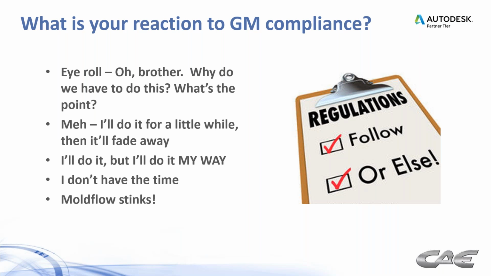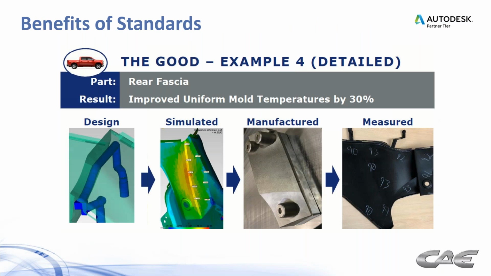But I'm here to tell you that if you do things right, there's really quite a lot of benefit to using standards. Here's some examples that Darren provided for me. This is actually one we worked on ourselves. You use the design, for example, in this case, a conformal cooling. You simulate it, you manufacture it, and you test it. In this case, we were able to improve the mold temperatures by 30%.